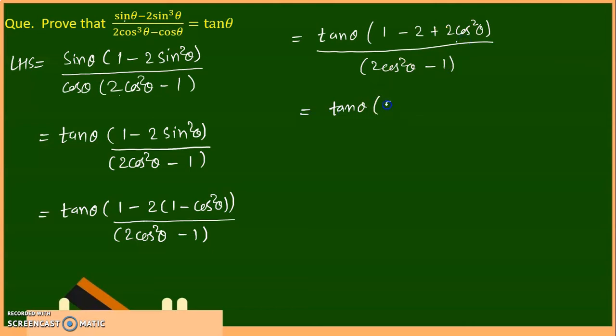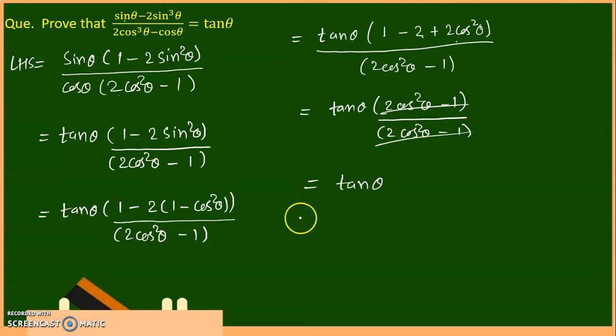So here this is 2 cos square theta, and here 1 minus 2 becomes minus 1, divided by 2 cos square theta minus 1. So here 2 cos square theta minus 1 and 2 cos square theta minus 1 cancel out. So here we got tan theta. That is what we have on the right hand side. Hence the question is proved.